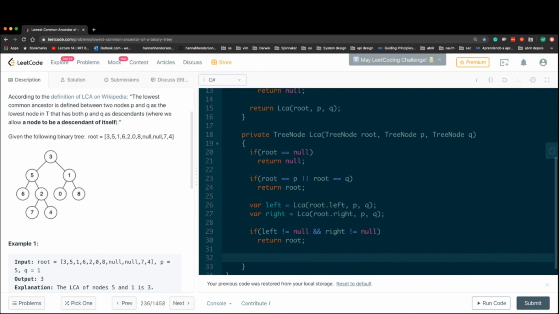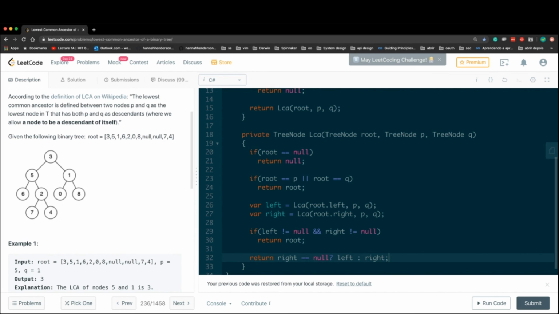So we will try to return the one that is not null. If this is not possible, if both are null, we will just return null. When both are null is the case that we are in a leaf node, where both calls will return null. So we can just return checking if right is null. We return left, otherwise we will return right itself.